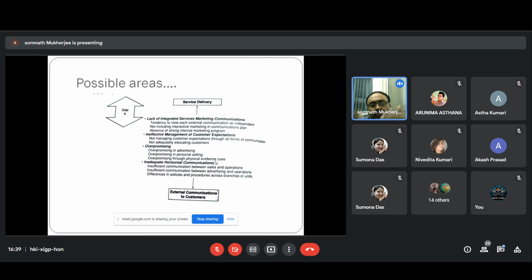So these are all possible areas that really influence you, that really tells us how and what we can do.